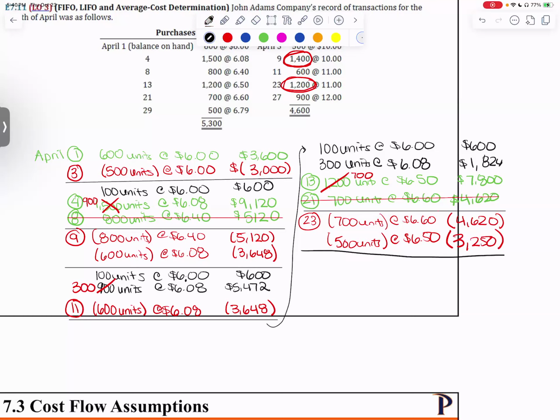After this sale, we will end up with 100 units at $6, 300 units at $6.08, and then 700 units at $6.50. So the value of our inventory is as follows.